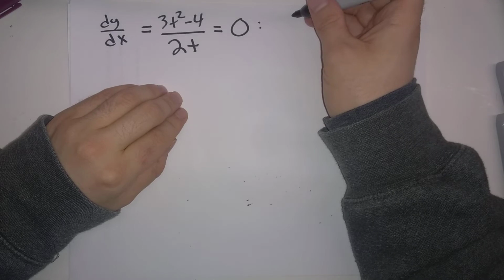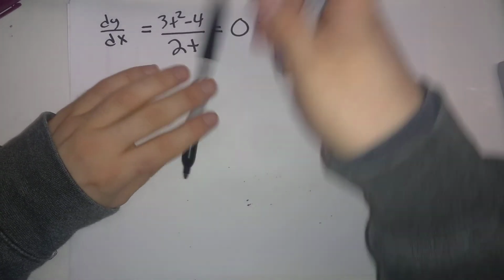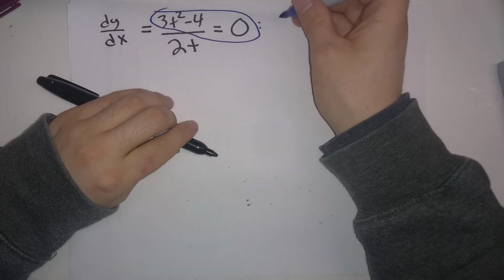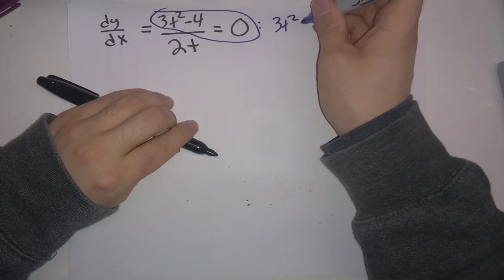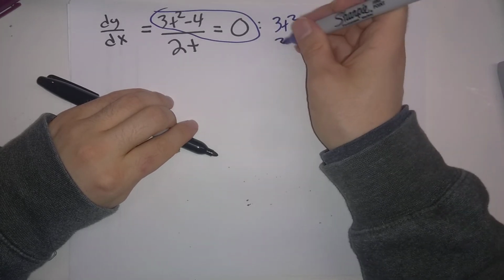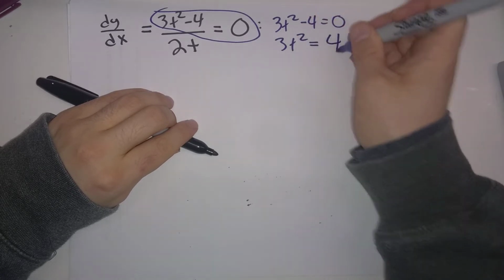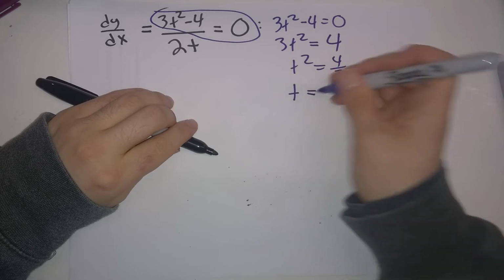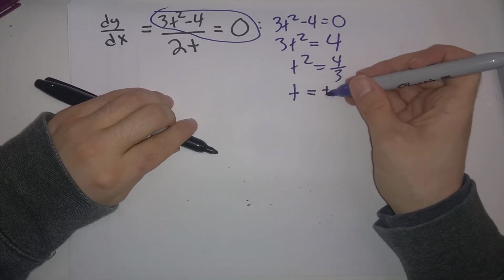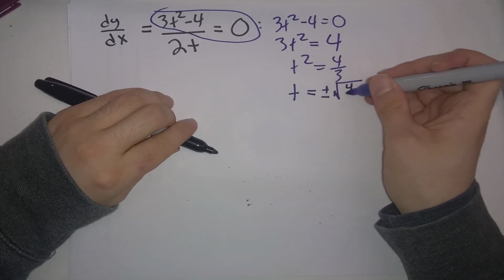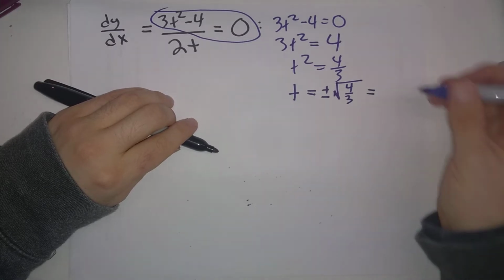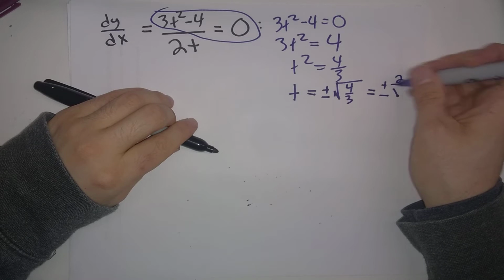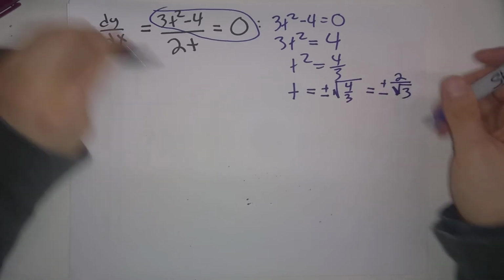We of course only care about when the numerator is equal to 0. So 3t squared minus 4 is equal to 0. 3t squared is equal to 4. T squared is equal to 4/3. T is equal to plus or minus the square root of 4/3. And that is plus or minus 2 divided by square root 3.